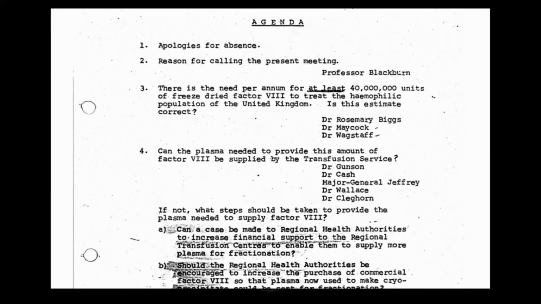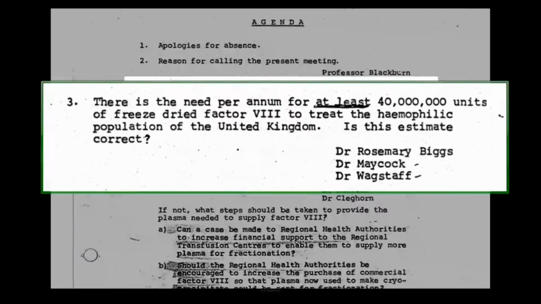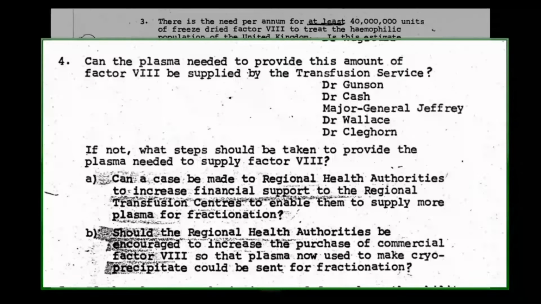And if we go back to the first page, we'll just get a flavour of the range of issues that were discussed and to which Professor Cash contributed. Paragraph 3 was a discussion of estimates for usage of freeze-dried factor VIII concentrates. Item 4 was about plasma supply, and Dr. Cash was recorded there as being someone contributing to that issue.